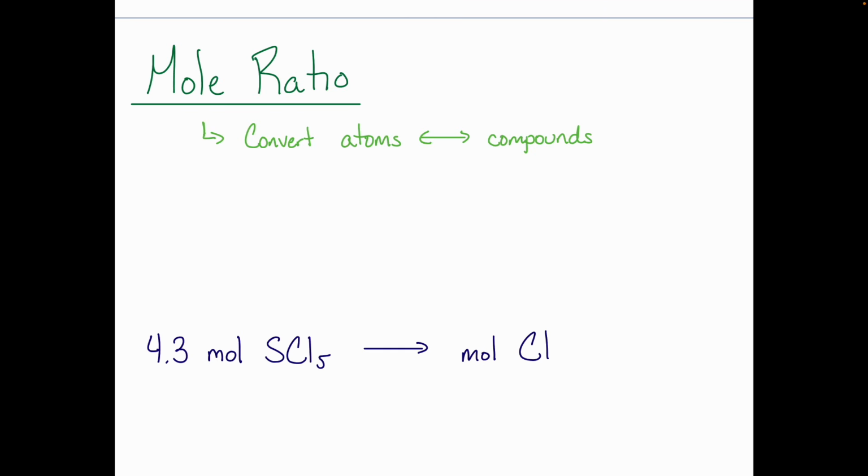So let's take this formula here, SCl5, and since there are two distinct elements in this compound, I could actually build two different conversion factors, two different mole ratios. One would be my conversion factor looking at sulfur, and the other one would be my conversion factor if I was trying to figure out how many chlorines there were.